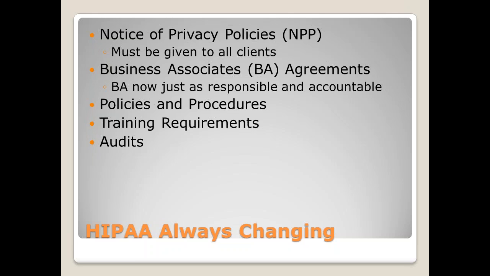They want everyone working in healthcare or as part of that business associate arrangement to be trained on HIPAA. And audits. So some of you may have heard about that. They're putting more and more money now into coming out to audit smaller healthcare agencies as well as the larger hospitals to make sure that your program is up to date and that your staff are aware of what to do in the case of a possible incident. A lot's going on.